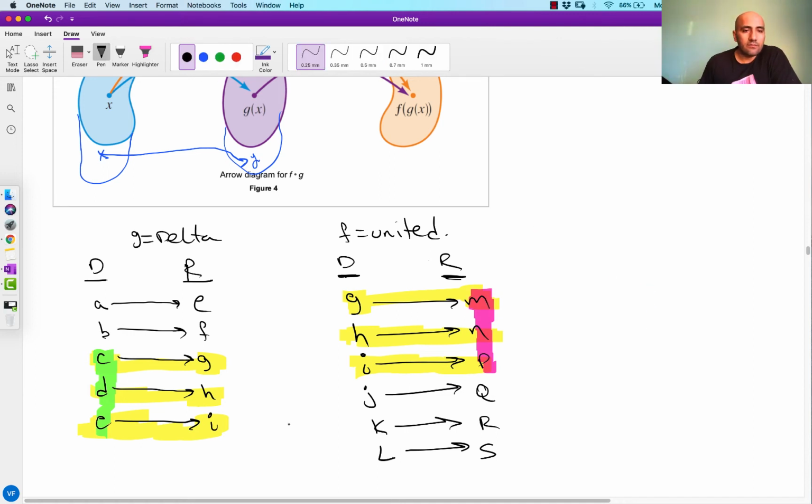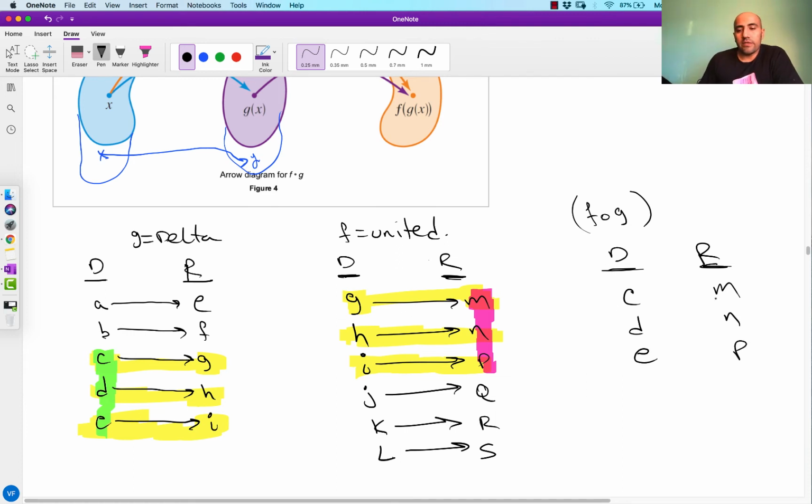So let me write that down. If I have my composition function f composed with g, it's its own little function, it's got its own domain, it's got its own range. And so the only ones we're going to include are these, C, D, E, and M, N, P.